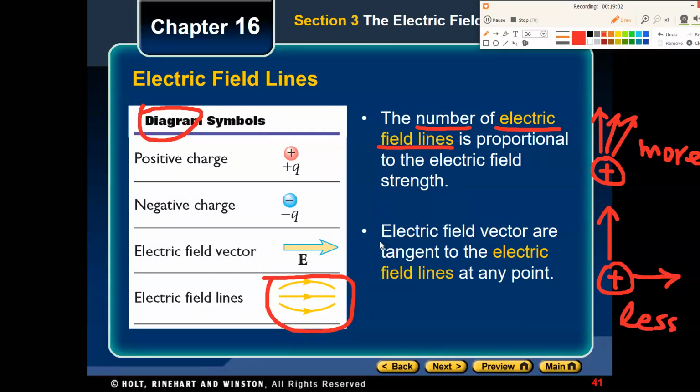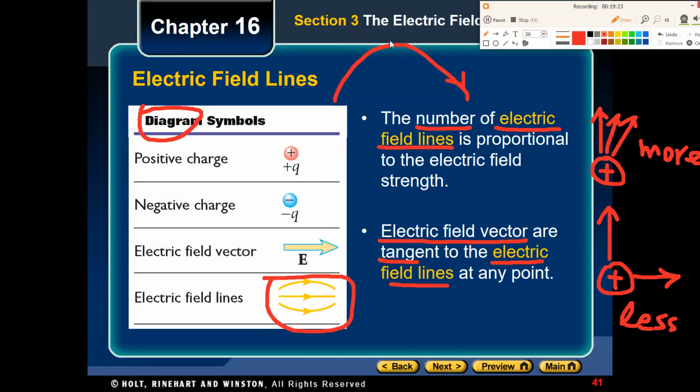Remember we talked about the electric field vector. The electric field vector is always tangent to the electric field lines. So if you have an electric field line somewhere like this, and you need to figure out the direction of the electric field vector at this point, you just draw a tangent line here.